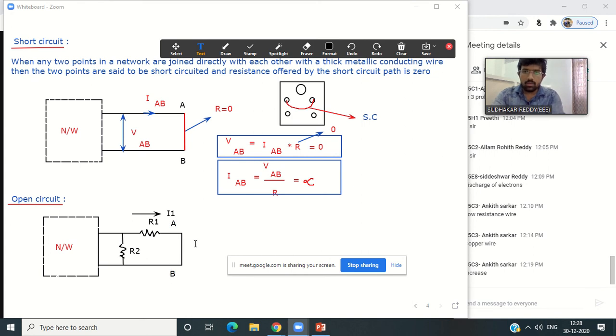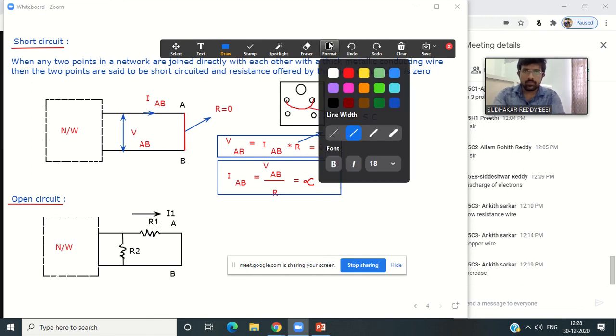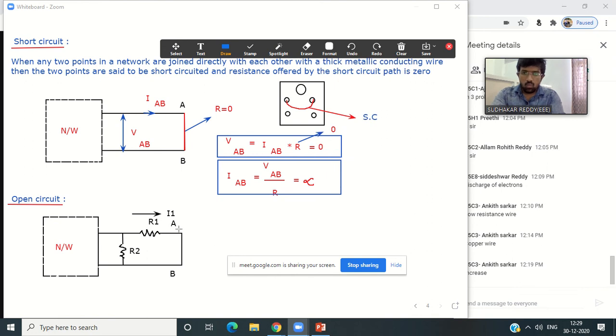Now I'm opening the two terminals. That's the meaning of open circuit, right? If you disconnect these two terminals, what is the value of the current I1? Is there any current? No, sir. Zero.